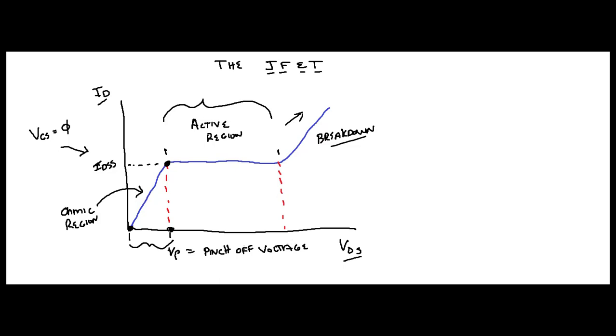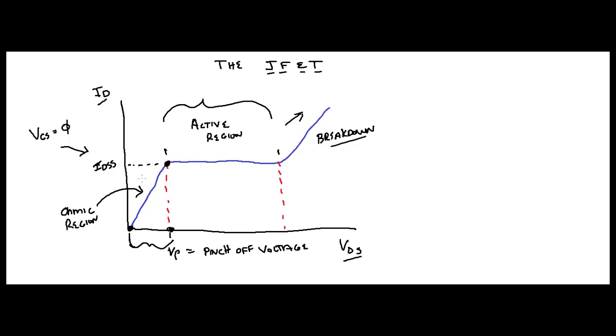Alright? The pinch off voltage is the point at which your drain source voltage makes your current level off and become constant.